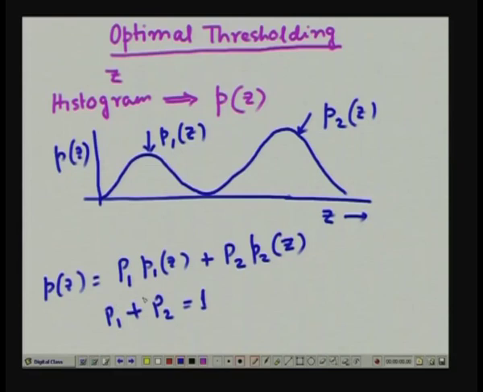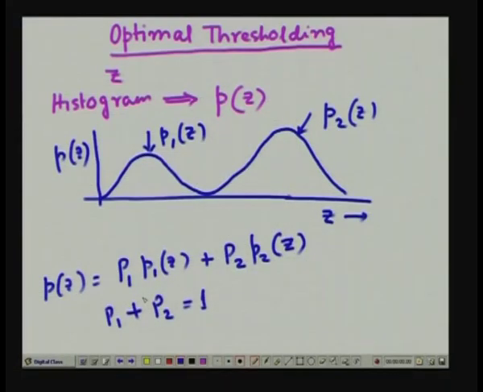These are the pixel probabilities which belong to either the foreground or the background. So, here our assumption is that we have a bright object against a dark background, because capital P1 is the probability that a pixel belongs to the background, and capital P2 is the probability that a pixel belongs to the foreground or the object. Now, what is our aim in this particular case? Our aim is to determine a threshold t which will minimize the average segmentation error.